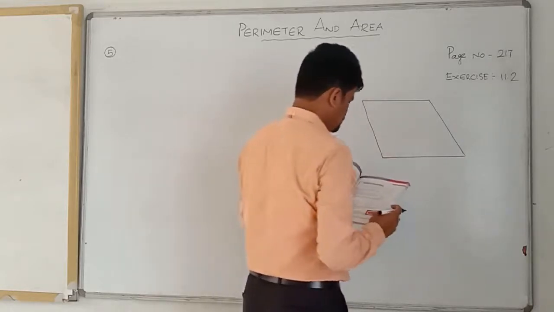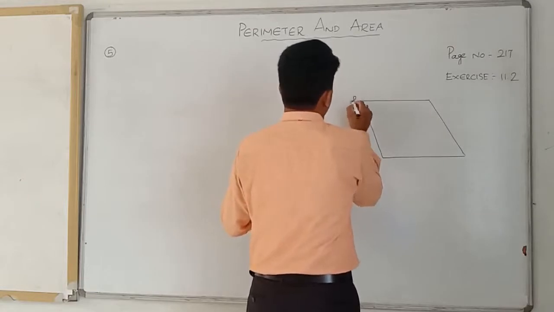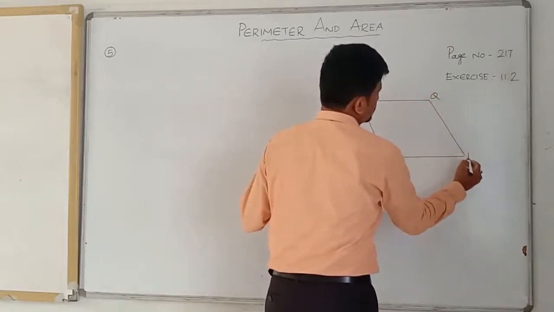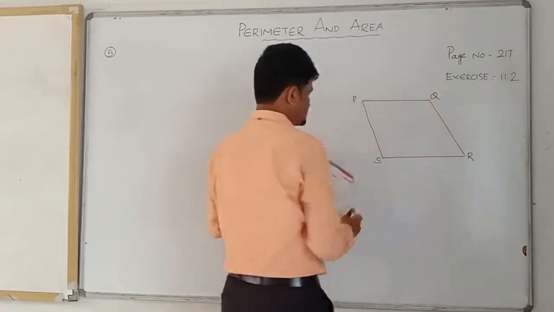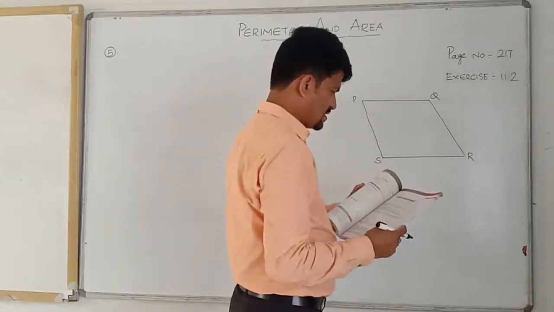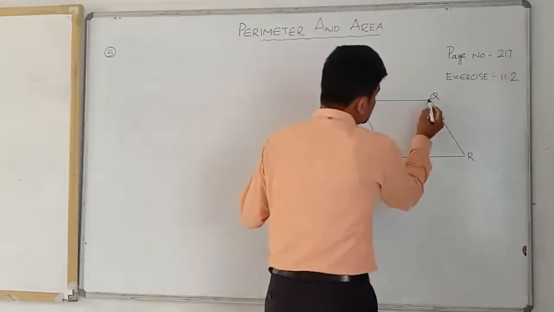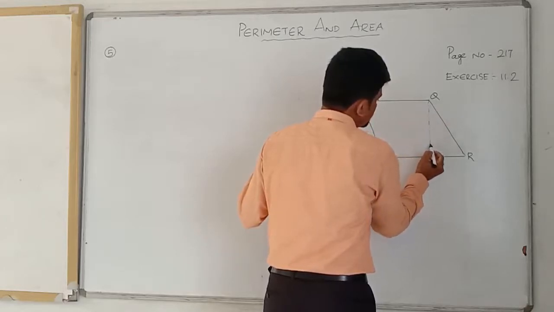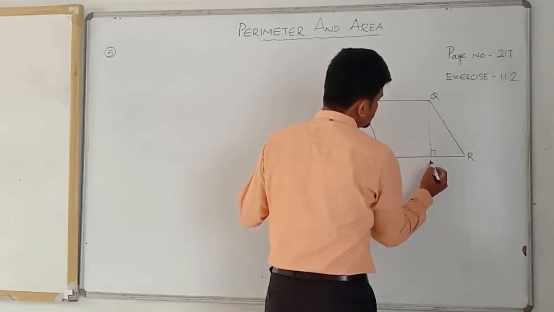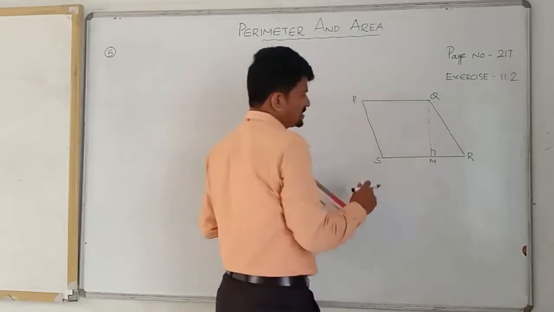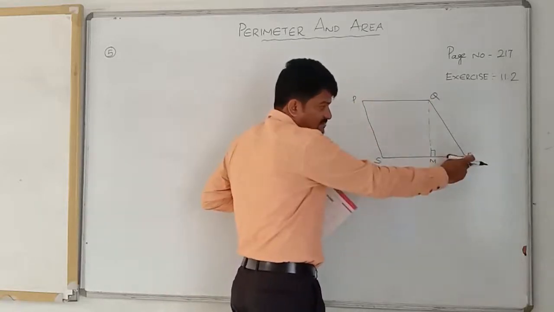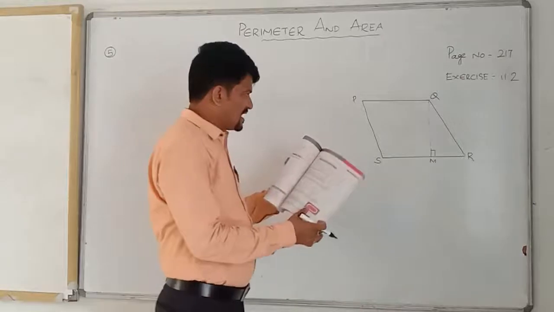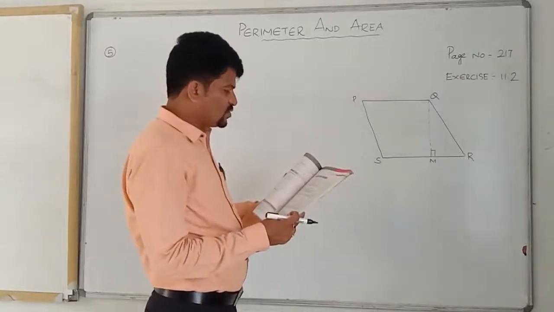This is parallelogram PQRS, and QM is the height from Q with respect to the base SR, and one more thing, QN.